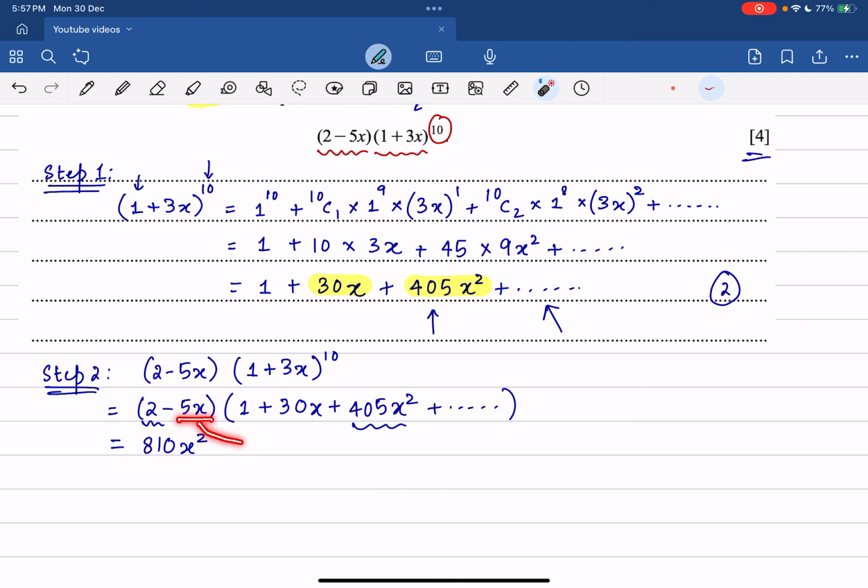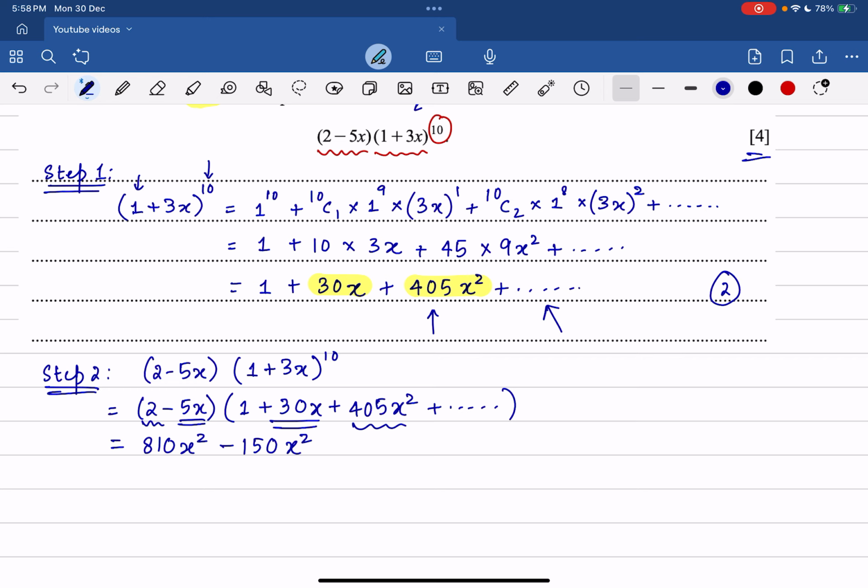And if I multiply minus 5x with this, the x and the x square, when get multiplied, it forms x cube. Am I interested in x cube? No, not at all. Which means, what am I going to multiply? I am going to multiply minus 5x with 30x only. Okay. Perfect. Let's go for it. Minus 5x times 30 is minus 150x squared.